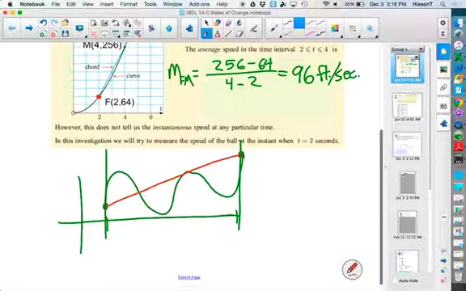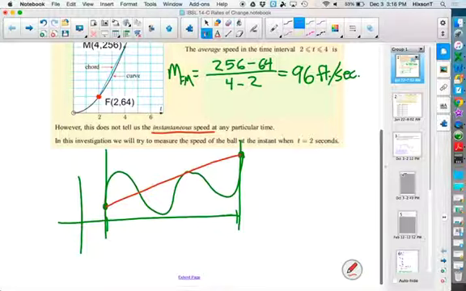But if we want the instantaneous speed at 2 seconds, we need to do a little bit better. In fact, we know already that 96 is too high, because in this interval, the slowest we were going was at 2 seconds.